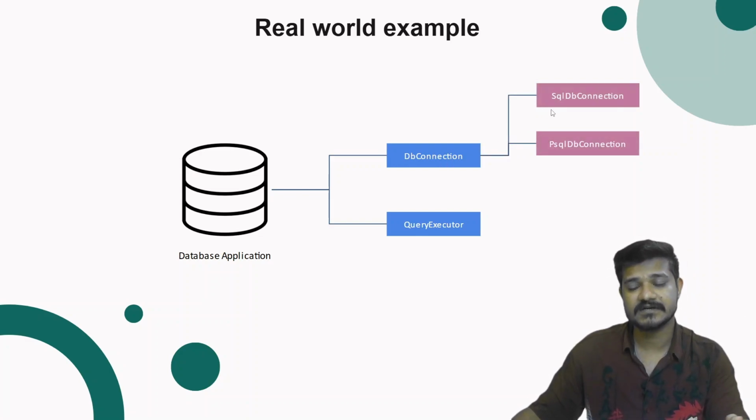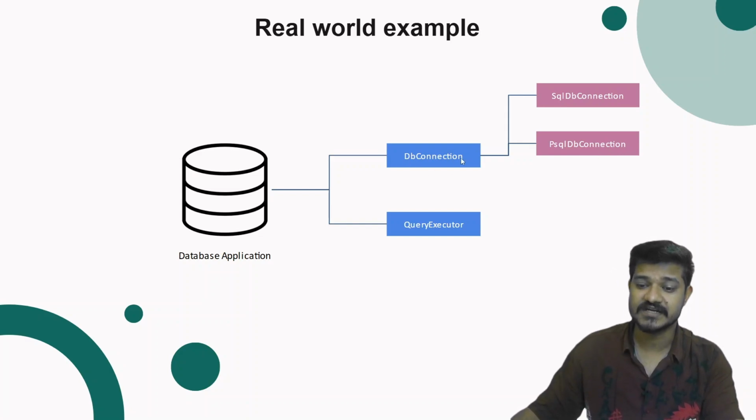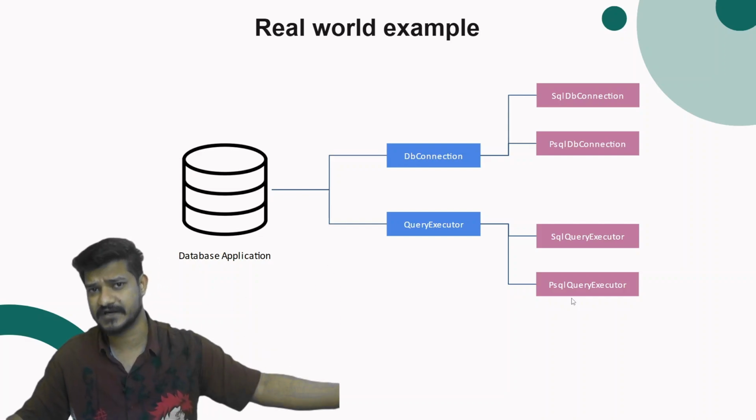So there'll be a class SQL DB connection to connect to SQL database. There'll be a class PSQL DB connection to connect to the PostgreSQL database, right? So there will be different implementation of DB connection. Similarly, for query executor also, there will be different implementation of query executor based on whether you are connecting to SQL database or you are connected to PostgreSQL database or different kinds of databases.